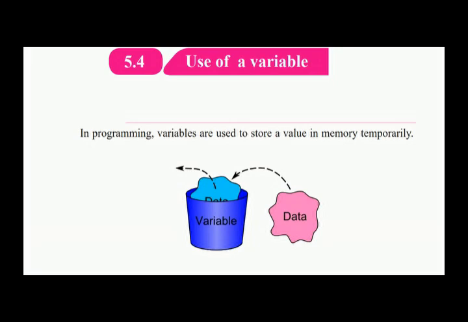For length, we need to get a value. For width, we need to get a value. And finally, for the area, we need to get a value. So for that, we need to use these variables, where we can store data, right? That is what we call a variable.